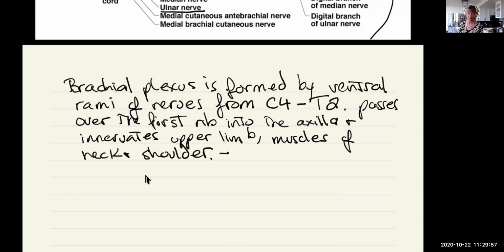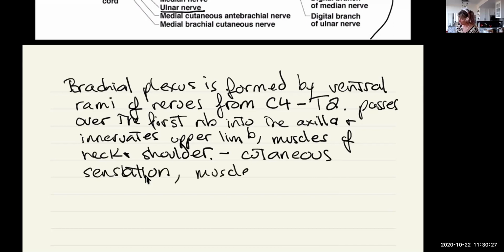So the type of innervation is such that it gives rise to cutaneous sensation. So the brachial plexus includes those sensory nerves, muscle contraction, so voluntary skeletal muscle contraction, and proprioception from joints and muscles.